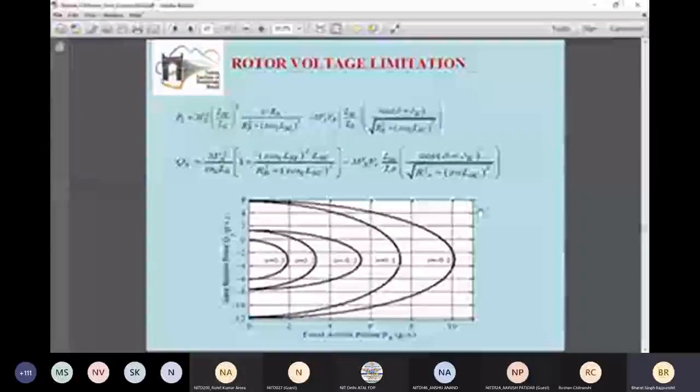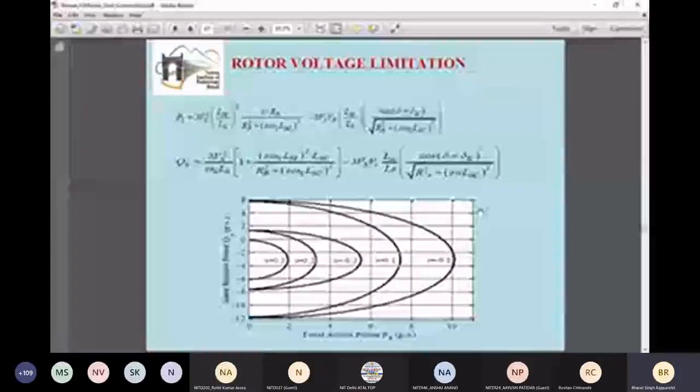Different curves are obtained for the operation of the DFIG for the maximum power point tracking algorithm. Different values are considered around the synchronous speed, with some slip values below the synchronous speed. But as we understood, the DFIG can operate as a generator in both the super synchronous as well as the sub synchronous range of its operation.